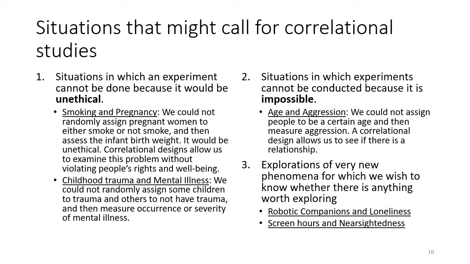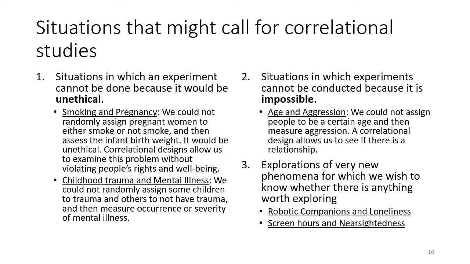So in what situations do we use correlational designs? Well, I've identified a few here. The first is situations in which an experiment cannot be done because it would be unethical. I have two examples. The first is smoking in pregnancy. We couldn't randomly assign pregnant women to either smoke or not smoke and then assess their infant birth weight.